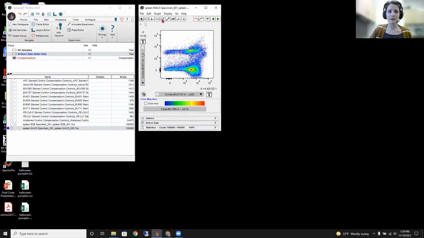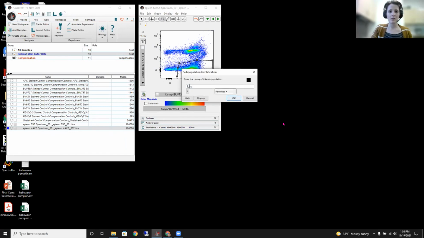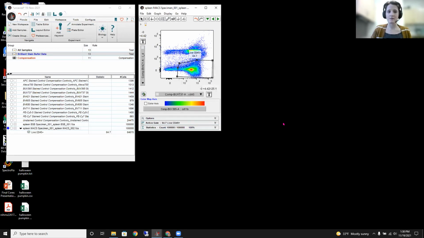From here, I'm going to set a polygon gate on roughly where we expect our CD45 positive live cells to be. So it's the negative population for a viability dye and positive for CD45. And we'll call those our live CD45 positive cells. Okay.